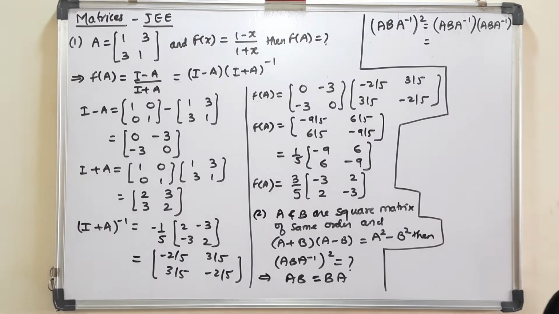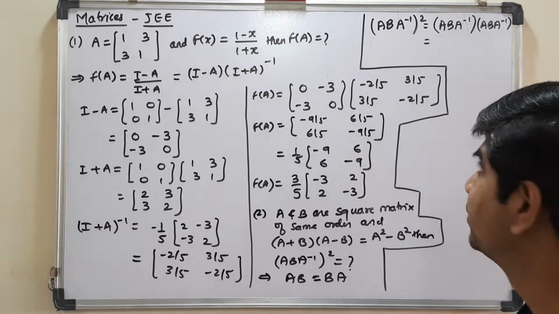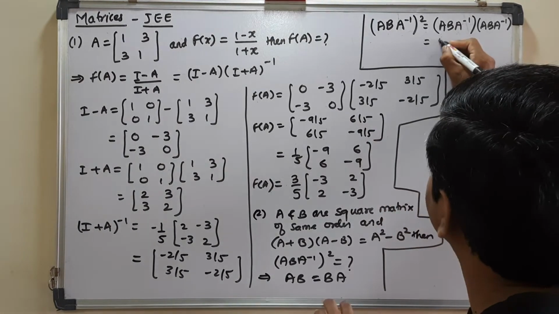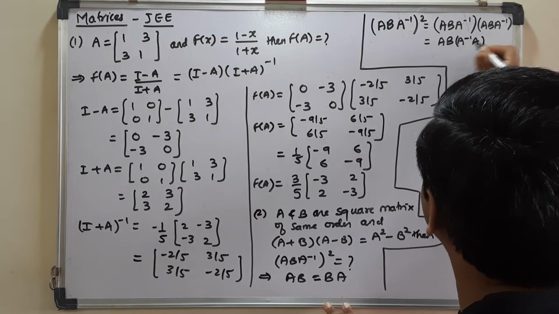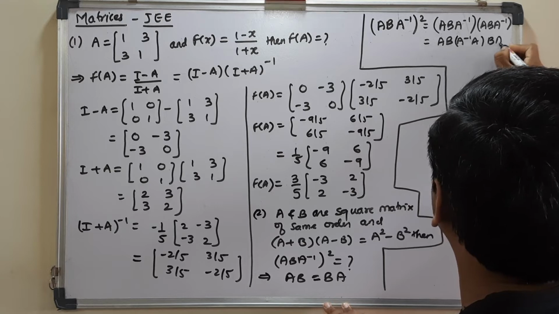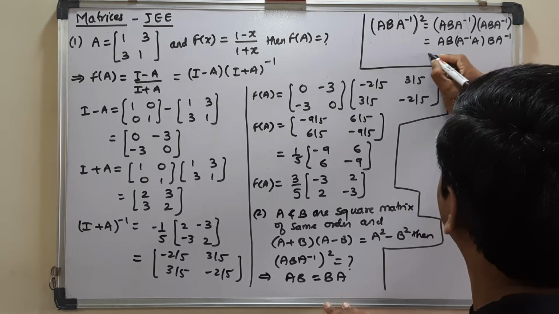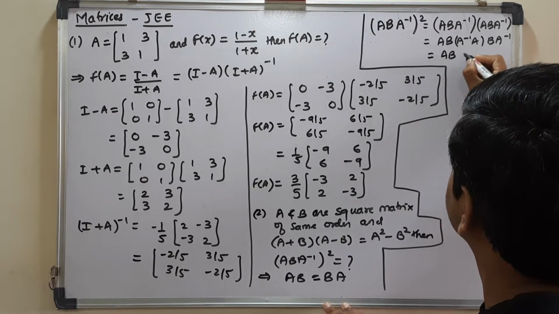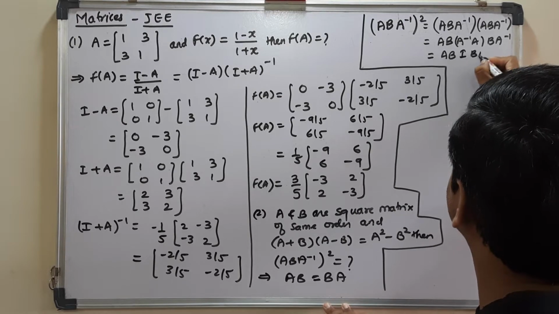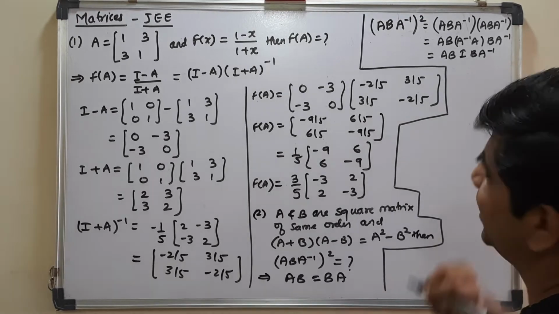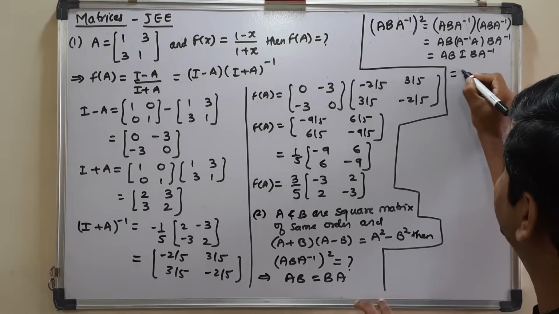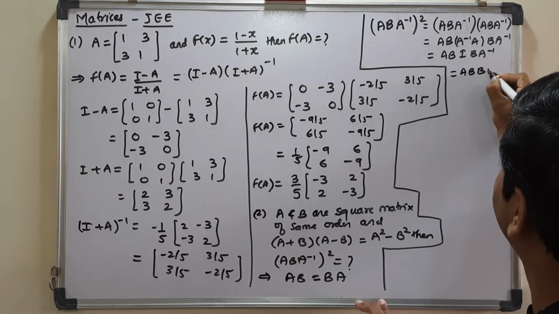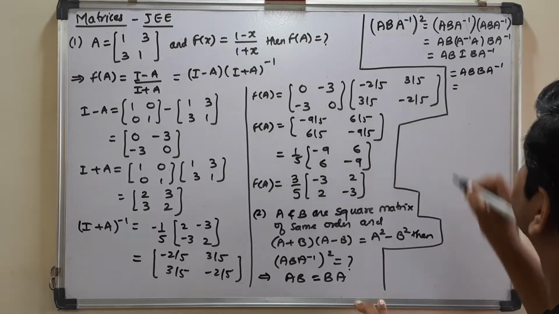Matrix multiplication already is distributive and associative. So here you will get AB, and I will associate these two first. What remains is B A inverse, and I know that A inverse into A will be your identity matrix. So finally if I associate it with anyone, it will give me the same matrix. So I get here A B B A inverse.